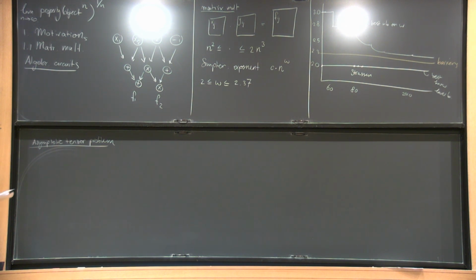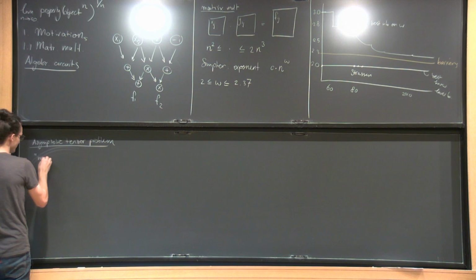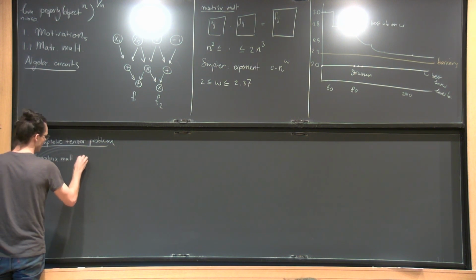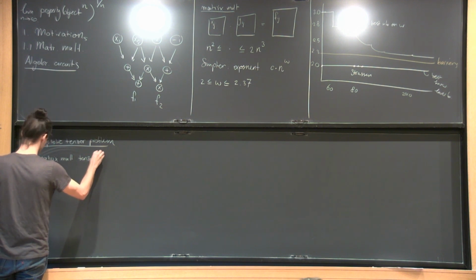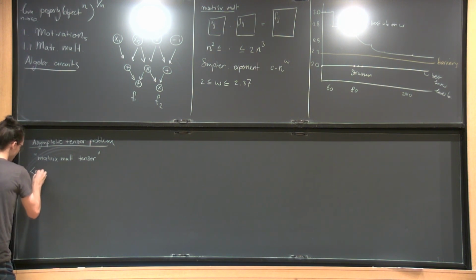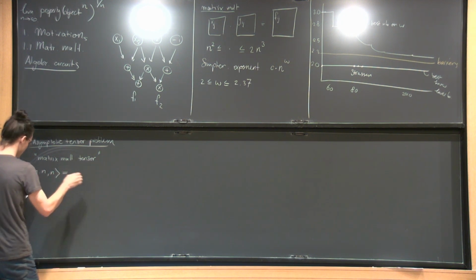So this is more of a connecting part. So what we need is something called the matrix multiplication tensor. So first of all, tensors are three-dimensional arrays. I'm going to say more about this later. But for here, let's say there is a matrix multiplication tensor. Let me write it down.